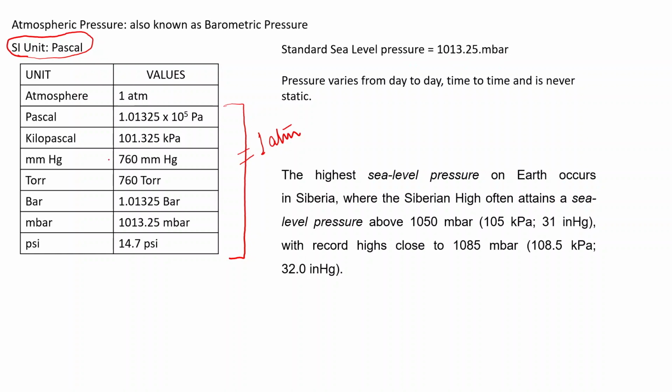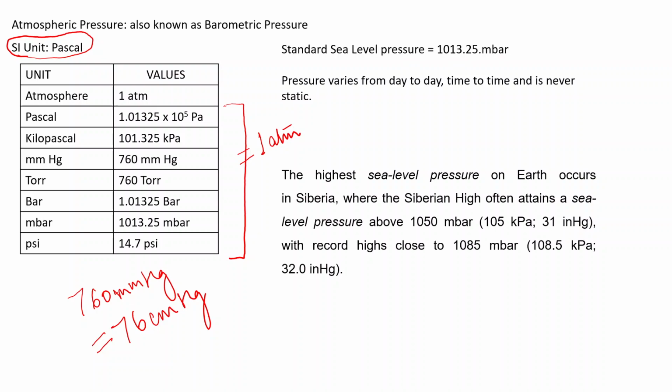Now in mmHg, it is 760 mmHg. Hg is mercury, so 760 millimeter mercury is also written as 76 centimeter Hg, or 760 torr, or 1.01325 bar, or 1013.25 millibar, or 14.7 psi.